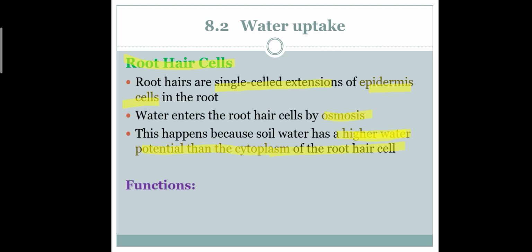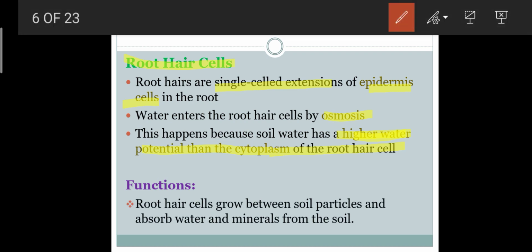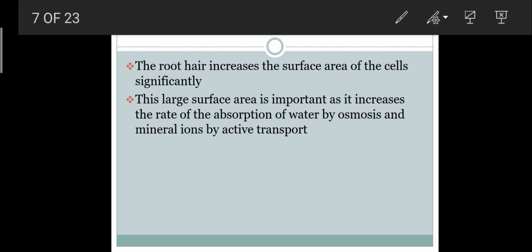What are the functions of root hair cells? Root hair cells grow between the soil particles and absorb the water and minerals from the soil. The root hair cells increase the surface area of the cells significantly.